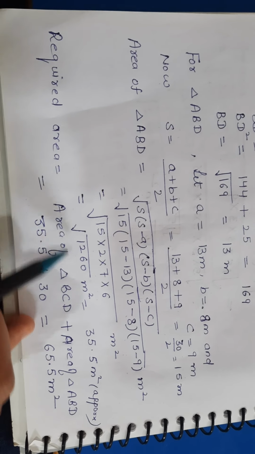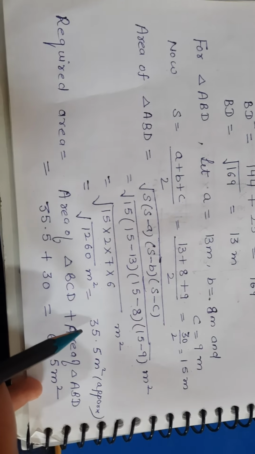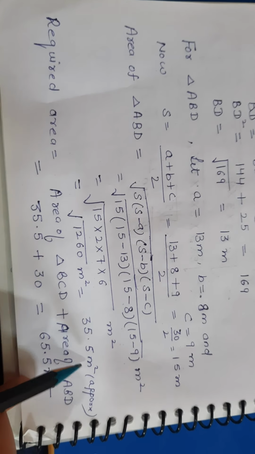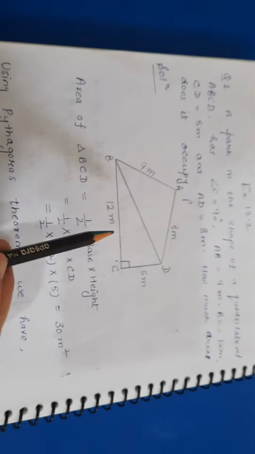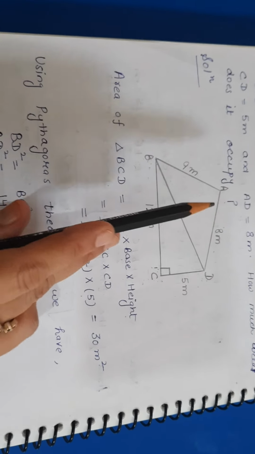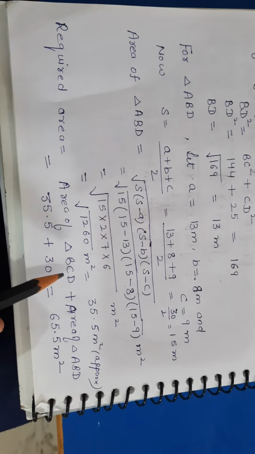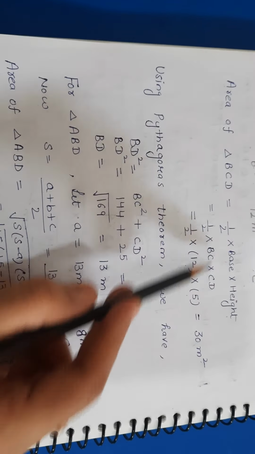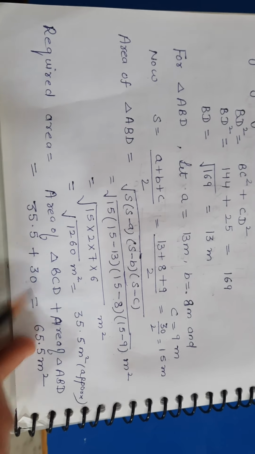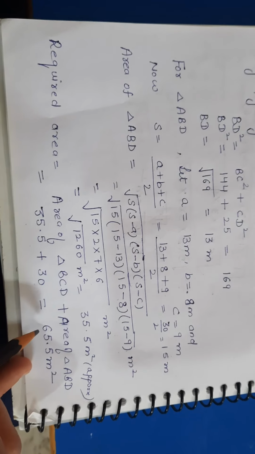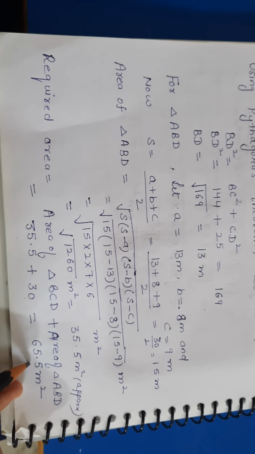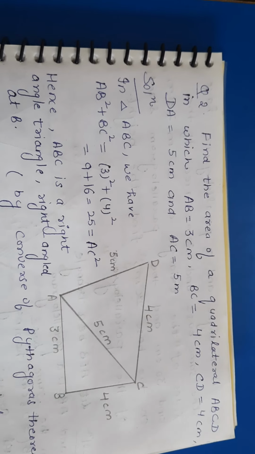Try to solve this root by yourself. On simplification, this is 35.5 meter square approximately. So the required area of the quadrilateral is area of triangle BCD plus area of triangle ABD. Now area of triangle BCD was 30 and area of triangle ABD is 35.5. So on simplification, this is 65.5 meter square.